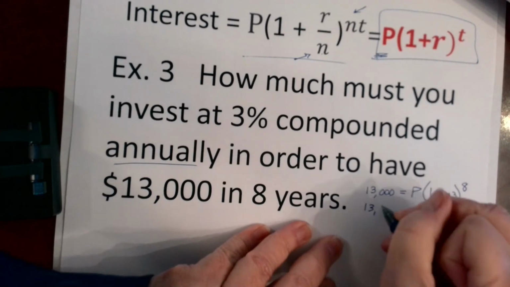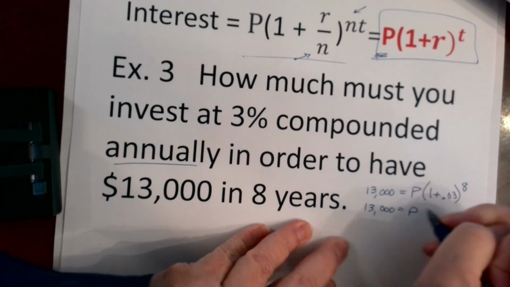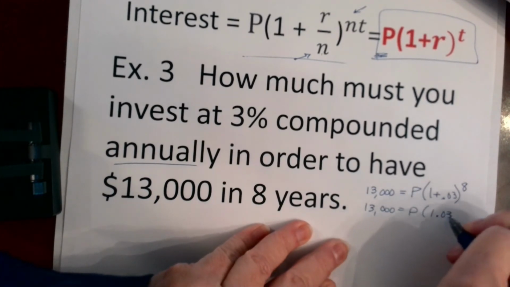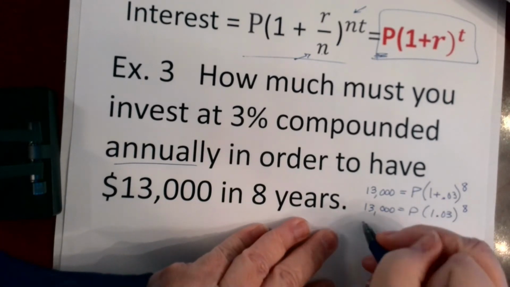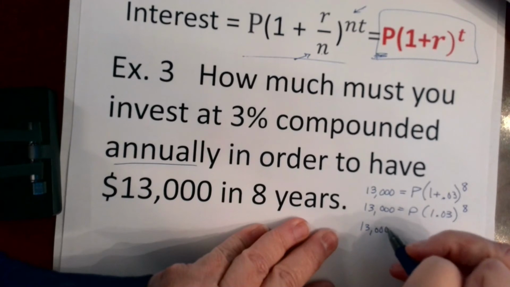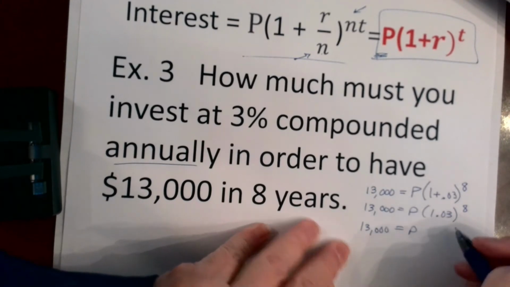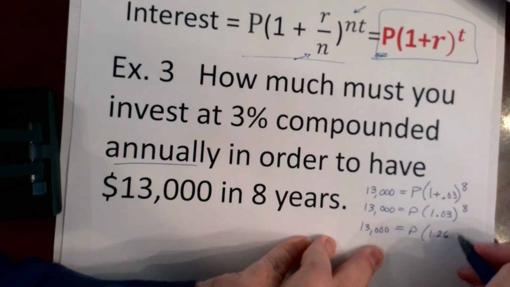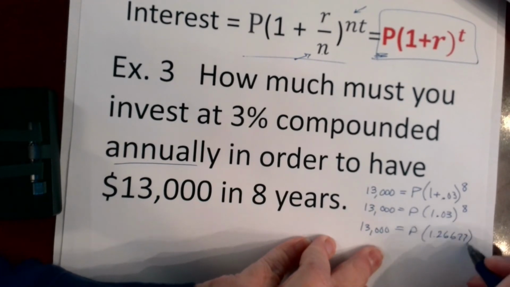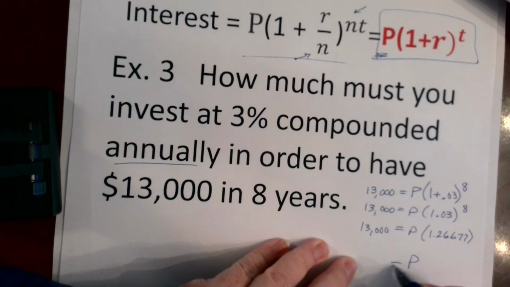So we're going to do parentheses first. That's a math rule. 1.03. We're going to do exponents next. That's a math rule. 1.03 to the 8th power is about 1.26677, on and on. But we want to know what P equals.